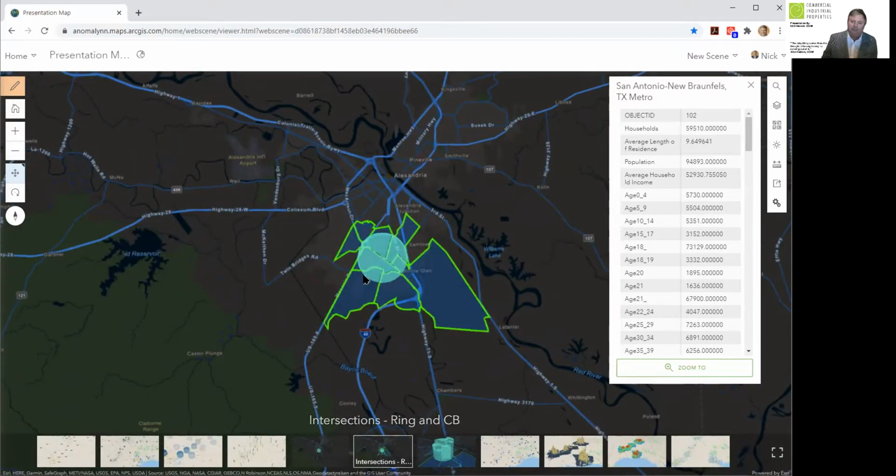So if the data that's being provided to you is not within the boundaries of the trade area that you've identified as where you want the data to be located, then how are you going to make the best decisions? Because what if 1,000 people live over here on this part of the census block group, but you've run your trade area right here?